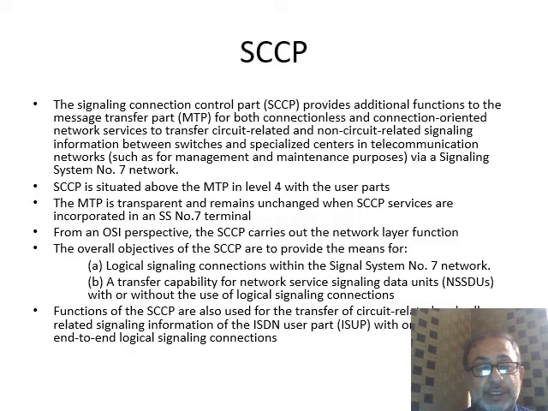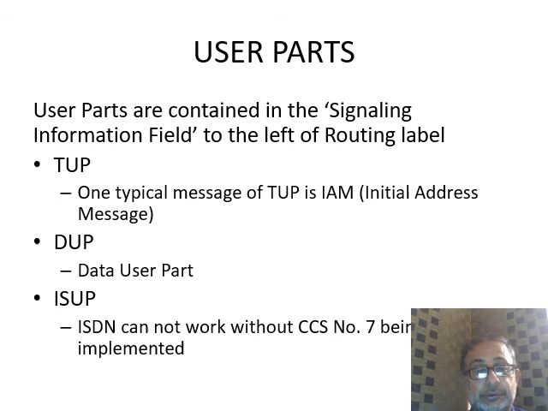Now, as we have already discussed, the signaling connection control part, which lies on the fourth layer of our signaling system number 7 layer structure, has some responsibilities, which include some responsibilities of layer 3 also, as we are familiar with. So you can go through that also.